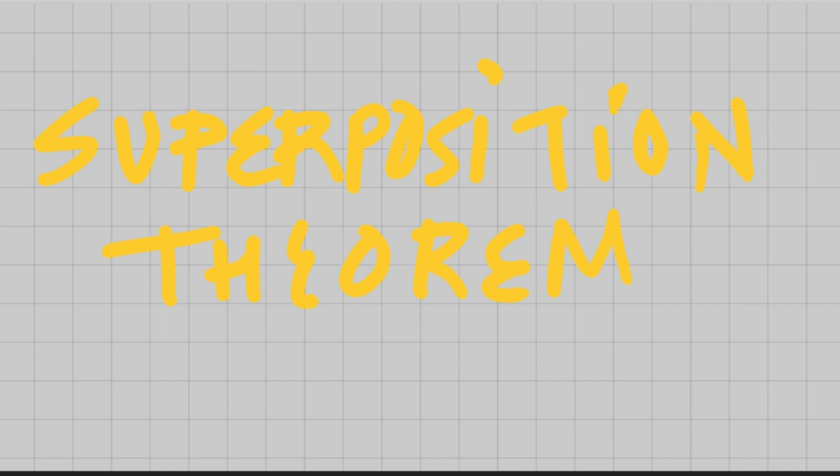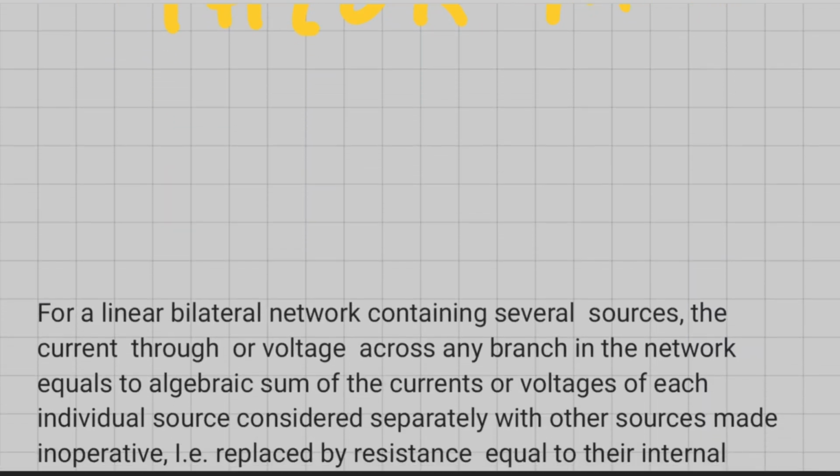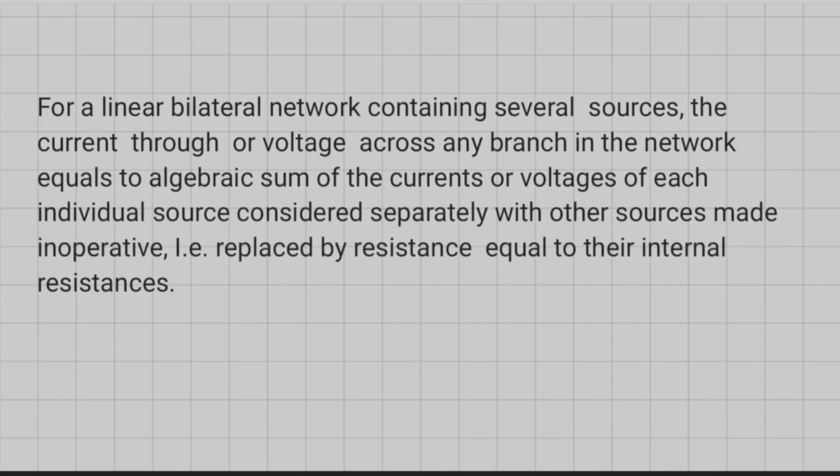But if you ask for the statement of superposition theorem, then for a linear bilateral network containing several sources, the current through or voltage across any branch in the network is equal to the algebraic sum of the currents or voltages of each individual source considered separately, with other sources made inoperative, that is replaced by resistance equal to their internal resistance.